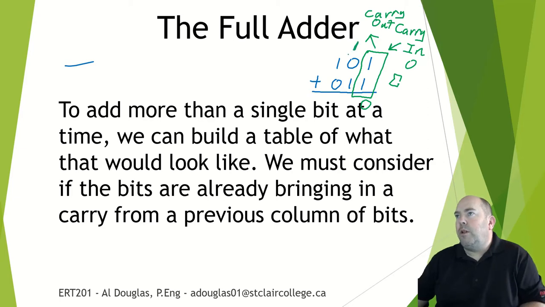So we look at this column. Do we have a carry in? Yes, we do. We have this 1. It was a carry out from the previous column. So we have a 0 and a 1, which gives us a 1, and then we have to add the carry into that. So a 1 and a 1 gives us a 0 and a carry out.